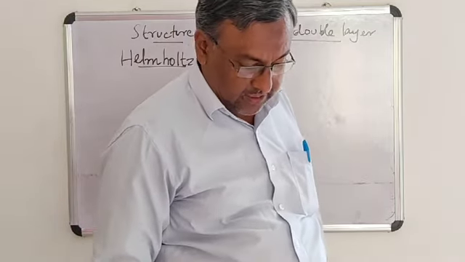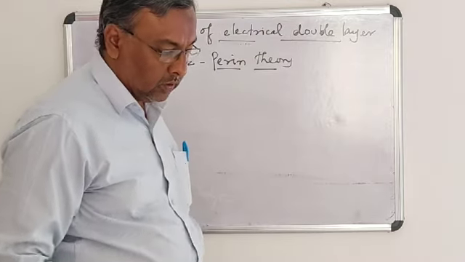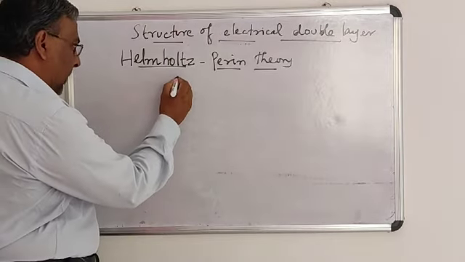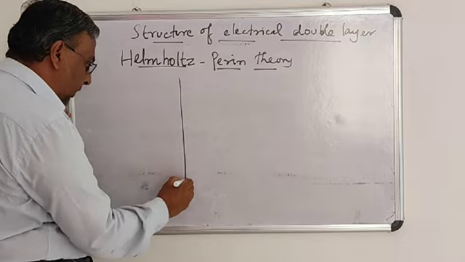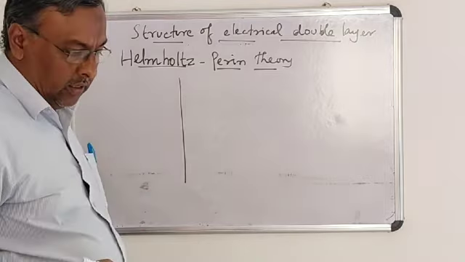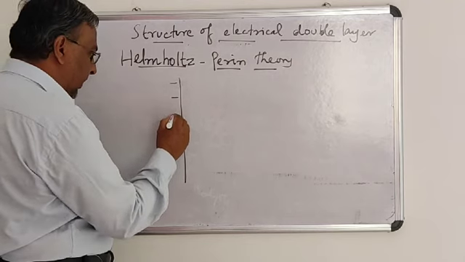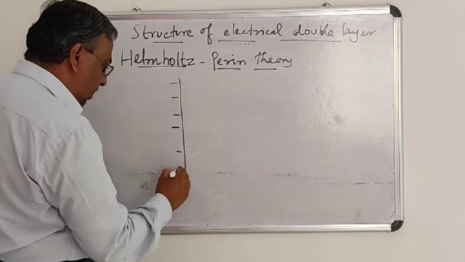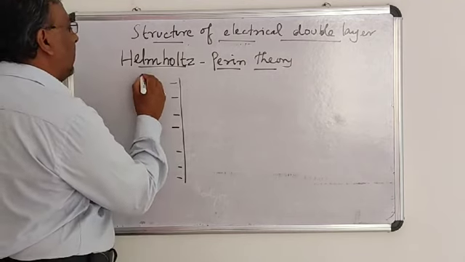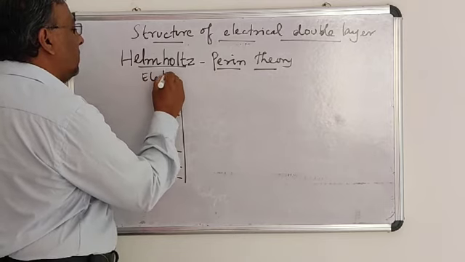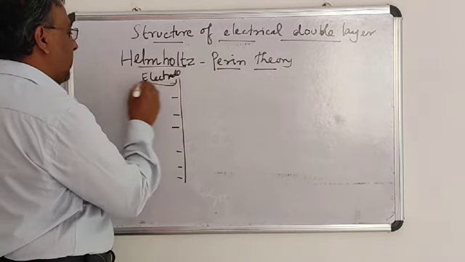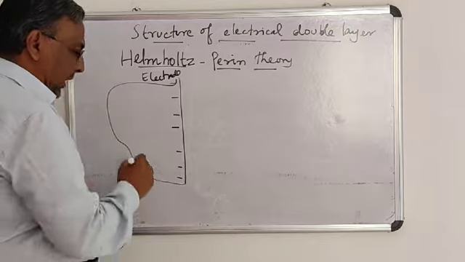a metal is an electrode. It has some charge. For example, this is the charge on the electrode. This is the electrode.